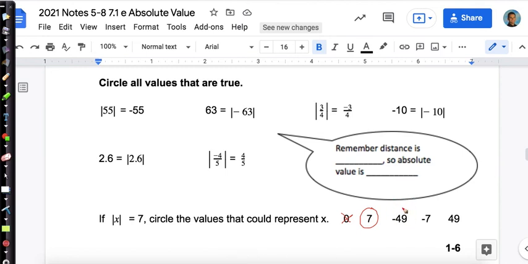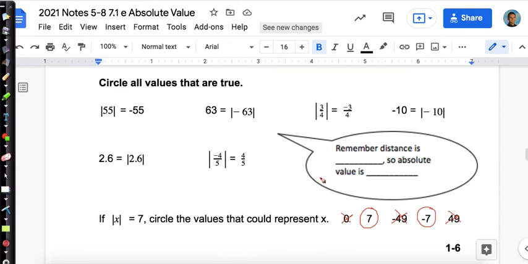The absolute value of negative 49 is positive 49, so cross that out. The absolute value of negative 7 is positive 7 because it's 7 spaces away from 0, so circle. And finally, the absolute value of 49 is positive 49, so let's eliminate that one.